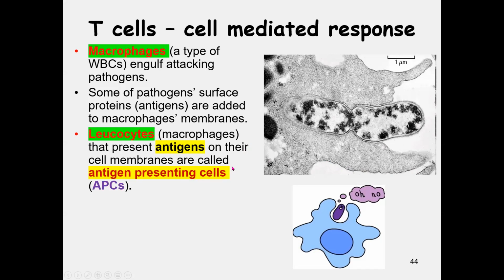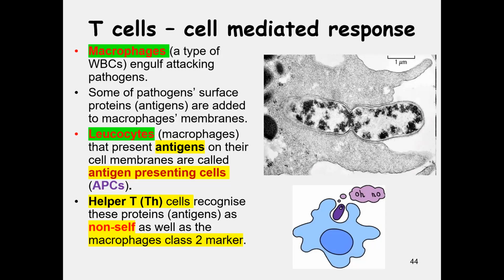So they become what are called antigen presenting cells. Leukocytes, leuco is white in Latin, white cells with the antigens are called APCs, antigen presenting cells, which are then picked up, the surface bits are picked up by the helper T cells.